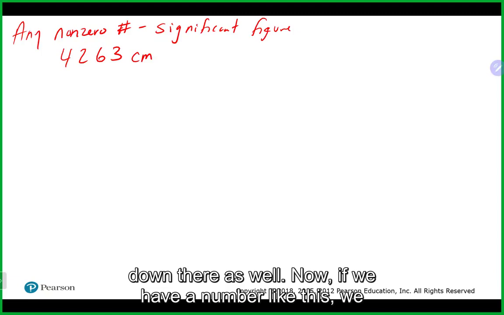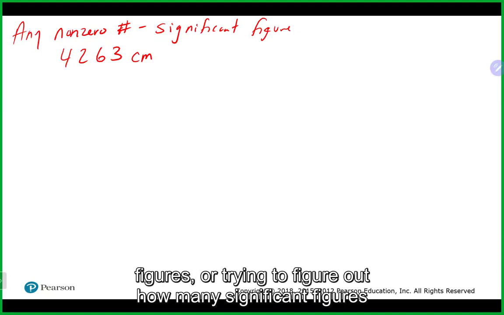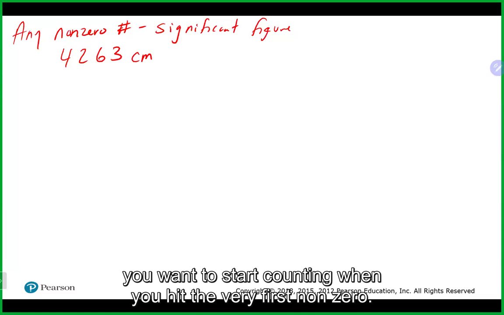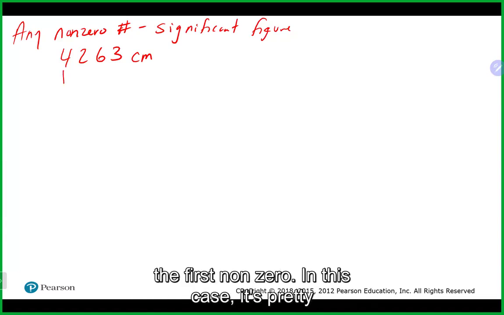Now, if we have a number like this, when we're trying to figure out how many significant figures there are, we always want to go left to right in the number. And you want to start counting when you hit the very first non-zero. In this case, it's pretty straightforward.